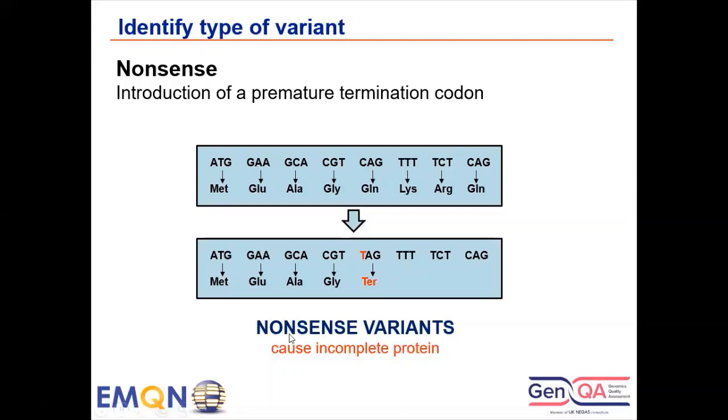So here you see an example where the first nucleotide of this codon, the CAG codon, is replaced by a T, and a TAG is known as a termination or a stop codon. So especially variants in BRCA1 and BRCA2 that lead to loss of function, like nonsense variants, can be considered as likely pathogenic. But there are exceptions about which you will hear later.